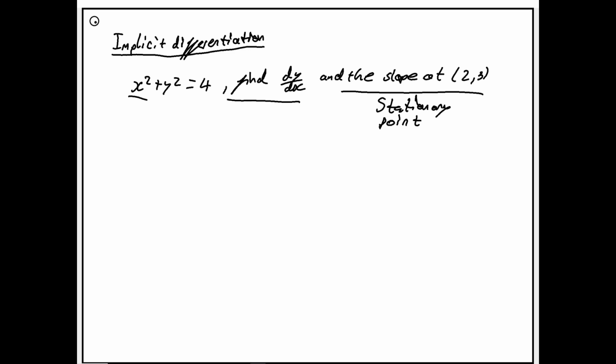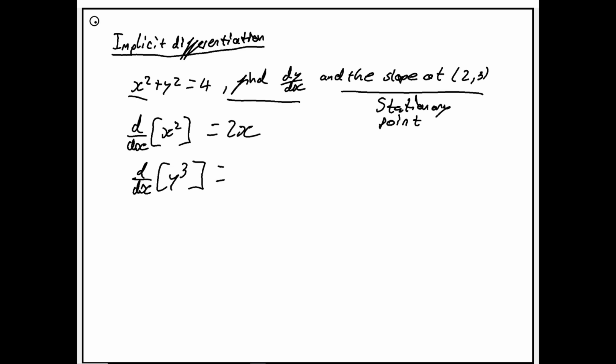Right, we're going to be covering implicit differentiation in this video, and the first thing I want to get out of the way is that when we're doing d by dx of x squared, it's obviously going to be 2x, you've done that so many times. But when we're doing d by dx of y cubed, we've got 3y squared, so just treat it as x, but then we have to times it by dy over dx.